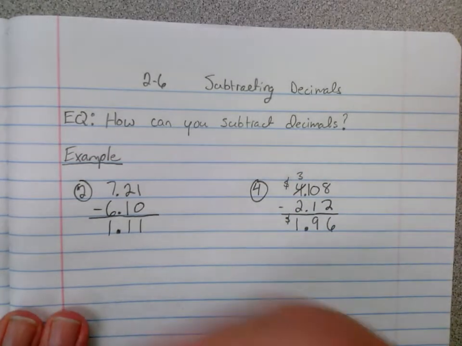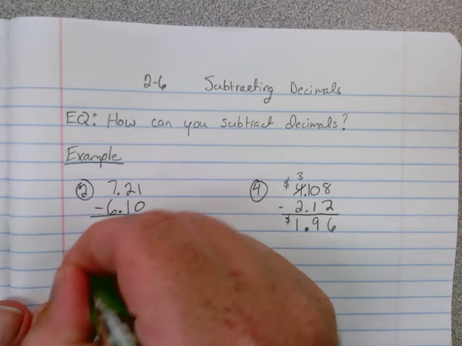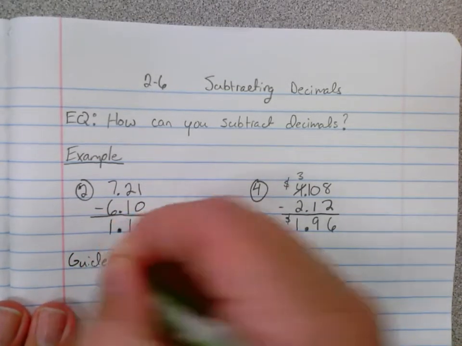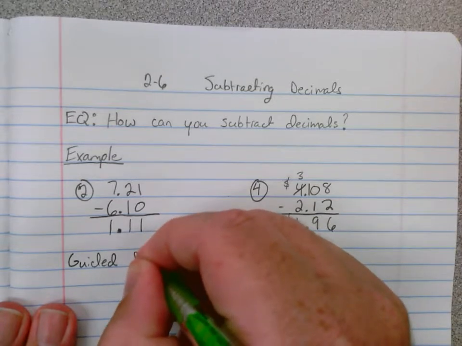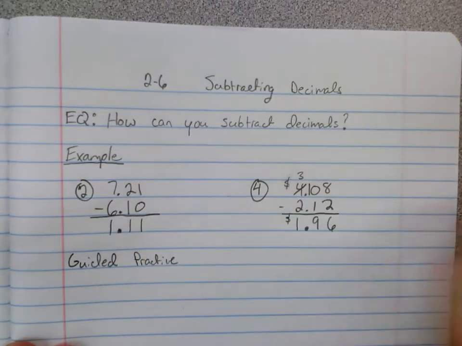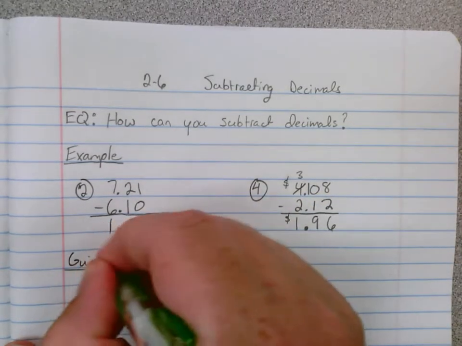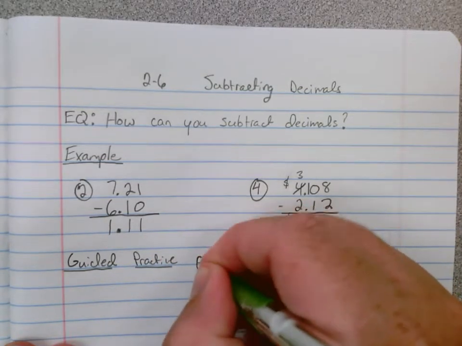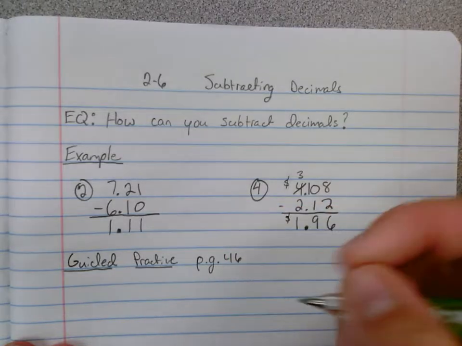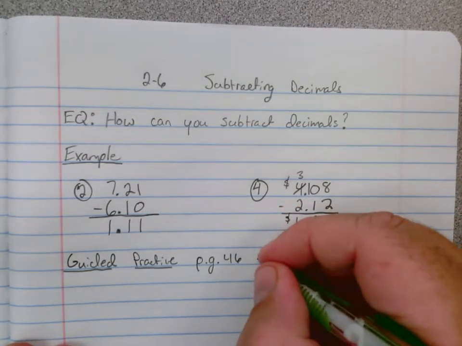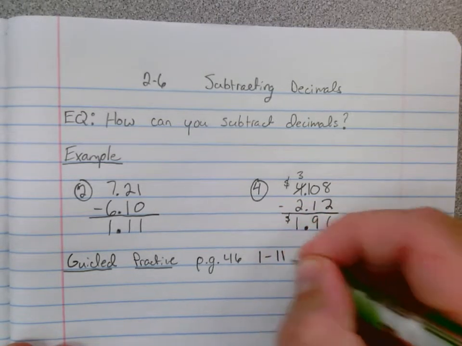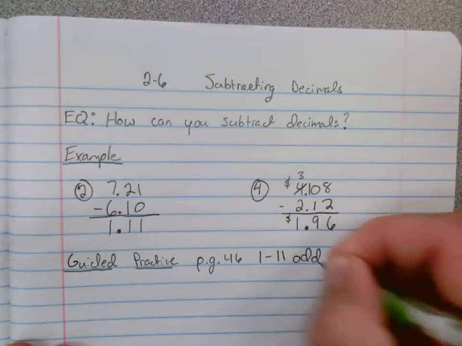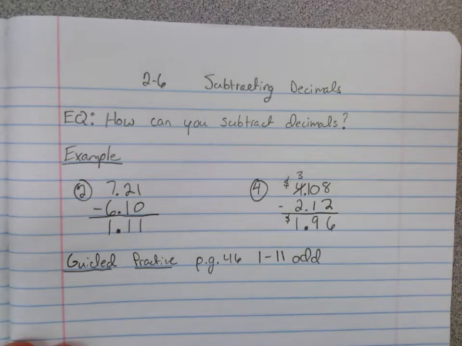Okay, so what I would like you guys to do on your own today is guided practice on page 46. You guys will do number 1 through 11 odd. Then after you do that, you need to have Miss Russell or myself check your work.